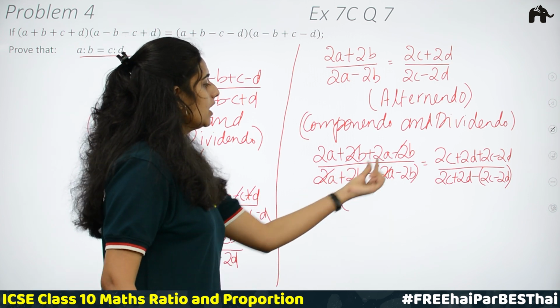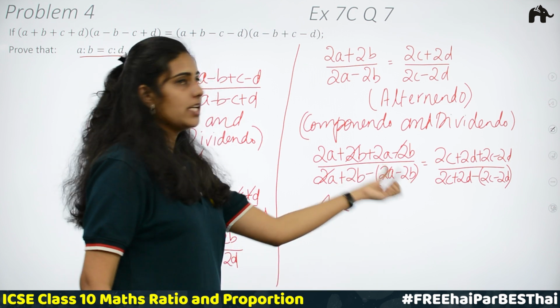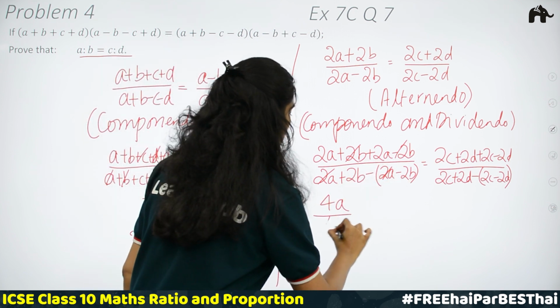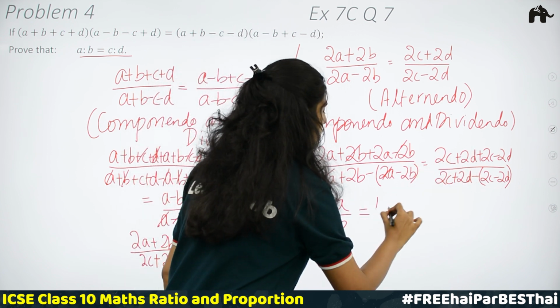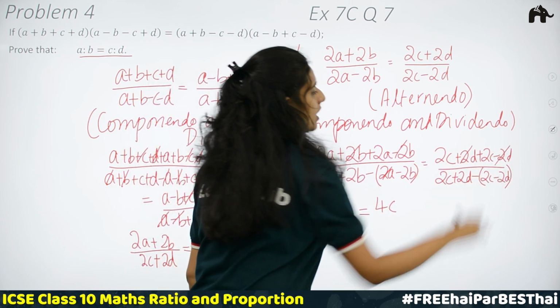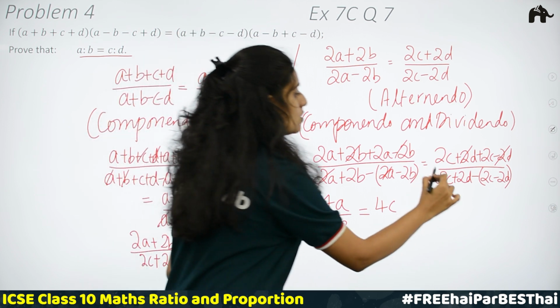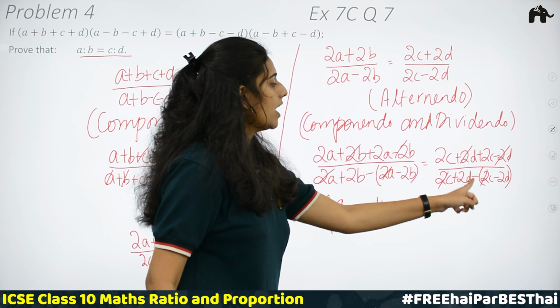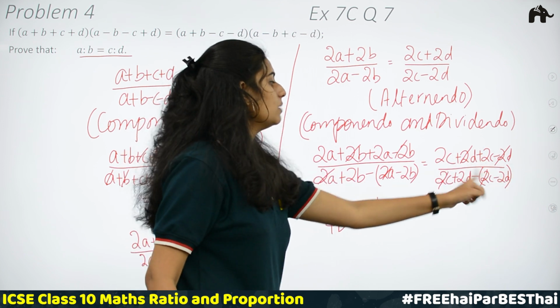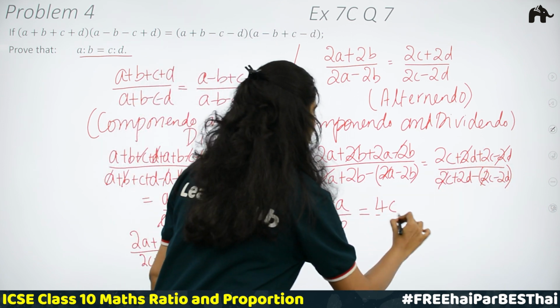2b minus of minus 2b, 2b plus 2b which is 4b. 4b is equal to 2c plus 2c, 4c. 2d minus 2d can be cancelled. 2c and minus 2c can be cancelled. 2d minus of minus 2d, that is 2d plus 2d which is 4d.